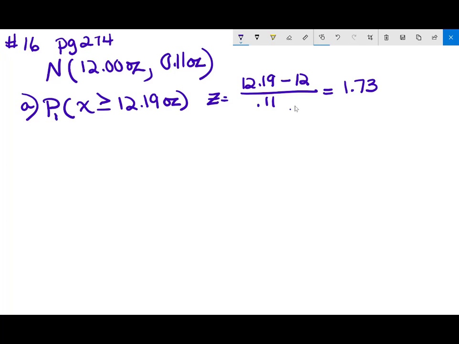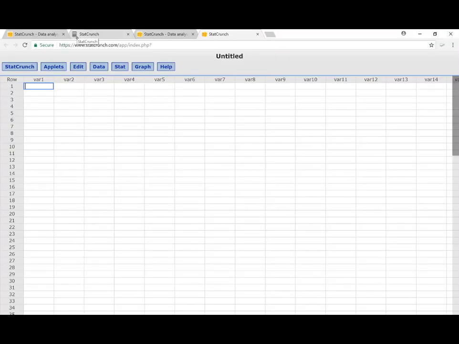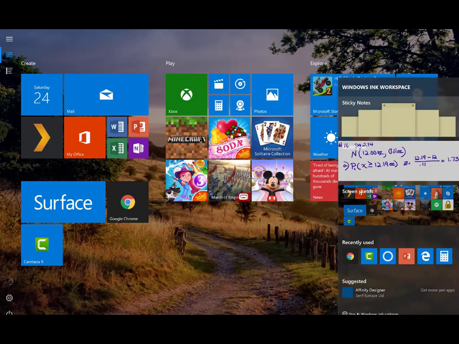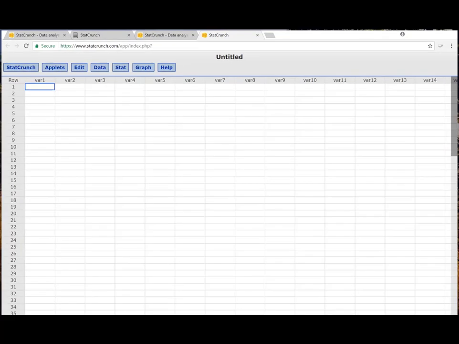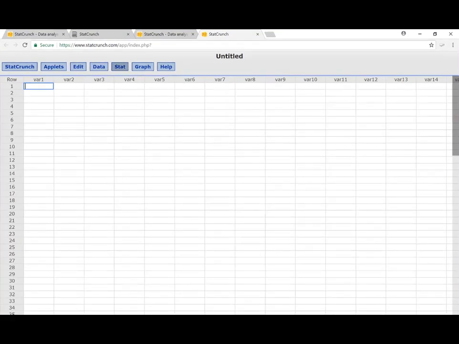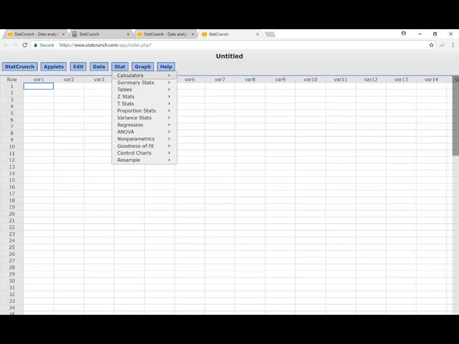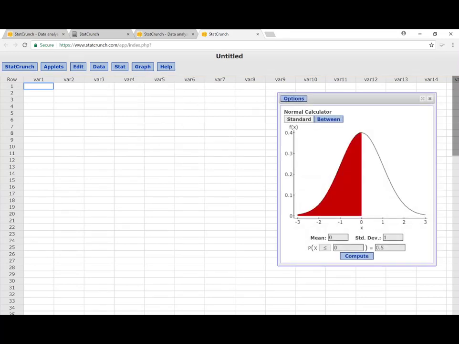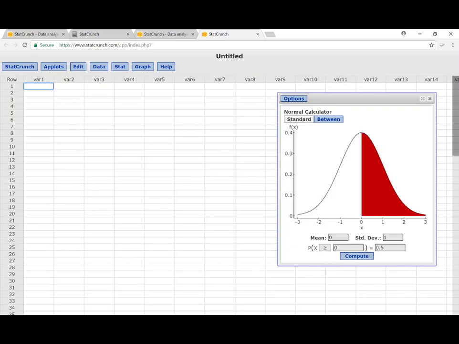Now I can go to StatCrunch. Stat, calculators, normal, and I want to see at least, so that's greater than, with my z-score of 1.73. I compute, and that's 0.0418.